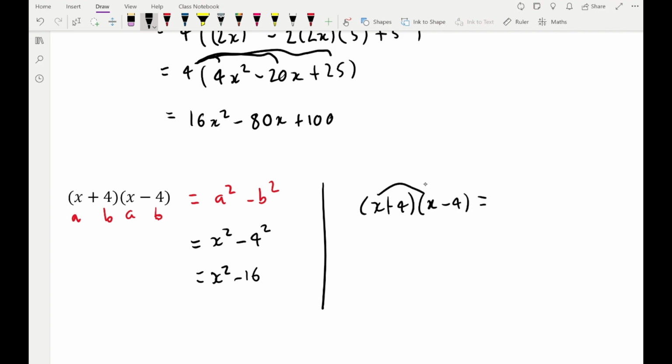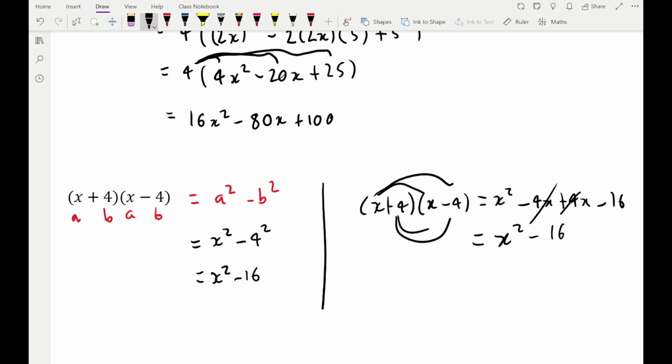All you get is x squared take 4x plus 4x, and 4 times 4 gives you 16. And then those middle terms cancel off, so you get x squared take 16. So again, they're both right, but this one is quicker. Difference of two squares just saves you a bit of time.